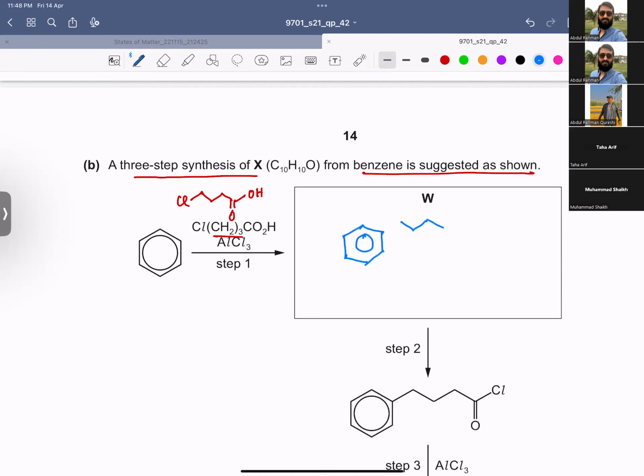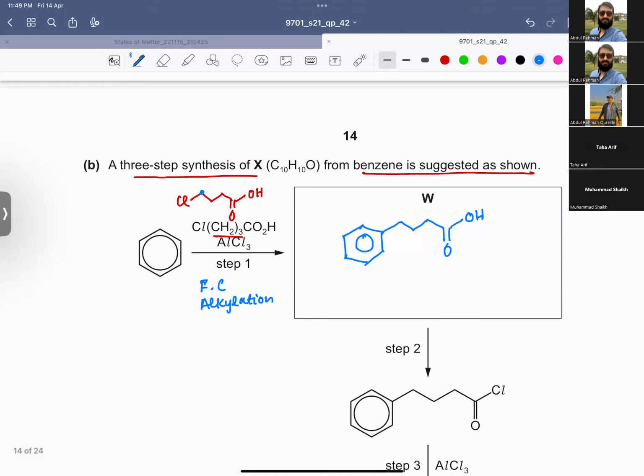So the whole structure remains the same, and we just bond this carbon with any one carbon of the benzene to form W. Is this understandable to everyone? It's a Friedel-Crafts alkylation. Yes. Is step 1 clear to everyone? Yes, sir.